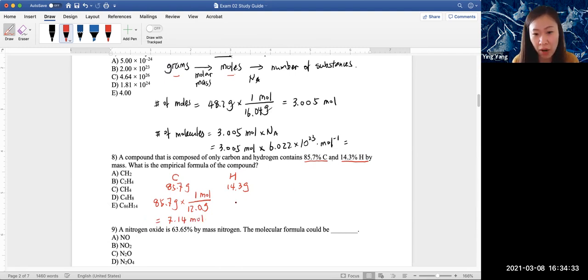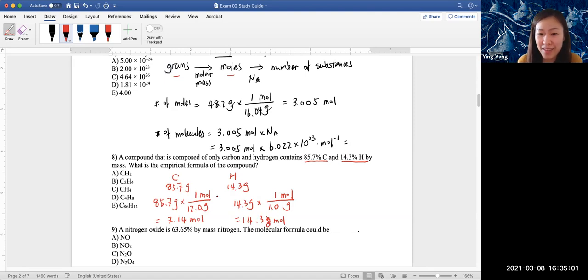And we do the same thing for hydrogen, 14.3 grams. For 1 mole of hydrogen, it has 1.0 grams. So its molar mass is 1.0 grams per mole. And this equals simply 14.3 mole.